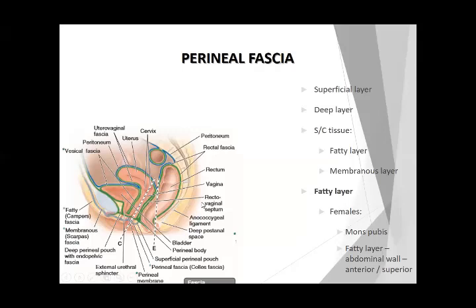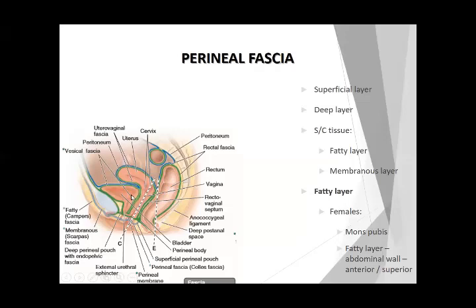Okay? What happens in the fatty layer? This is obviously the pelvis of a female, the urinary bladder, the uterus and the vagina, and this is the rectum. Okay?